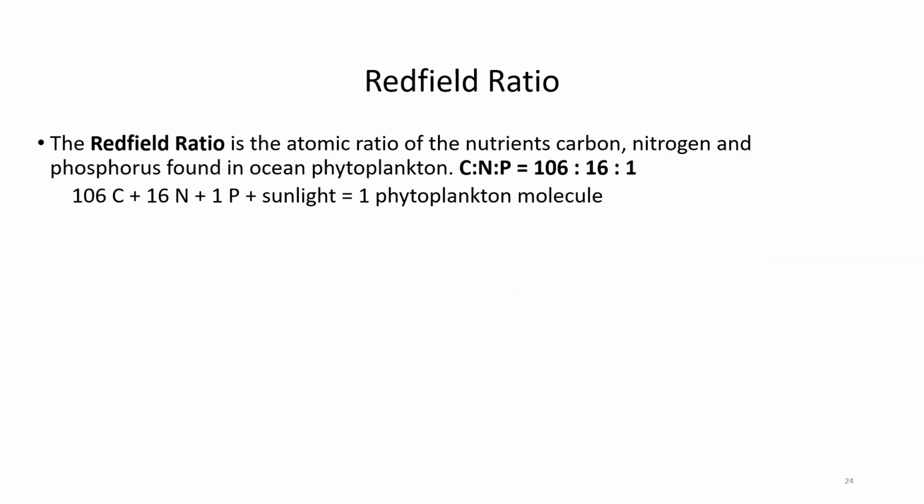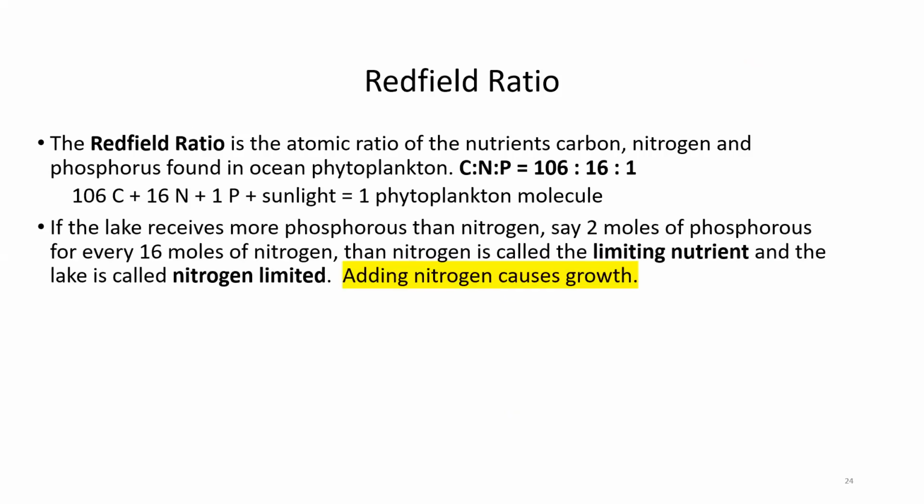So this is the atomic ratio of nutrients of carbon, nitrogen, and phosphorus found in ocean phytoplankton. So it should be about 106 molecules of carbon to 16 of nitrogen to 1 of phosphorus. So this is like an ideal ratio for normal growth. If you have more than that, though, then it's assuming that the limiting nutrient in that lake is nitrogen, right?